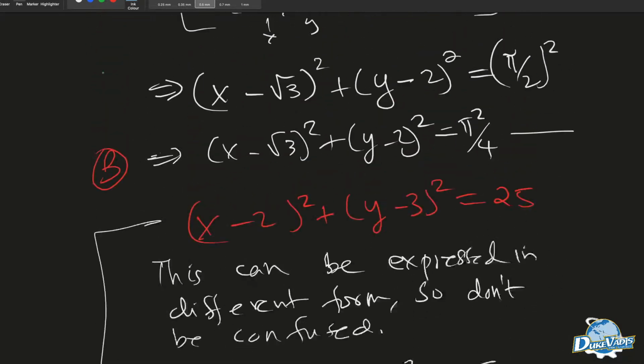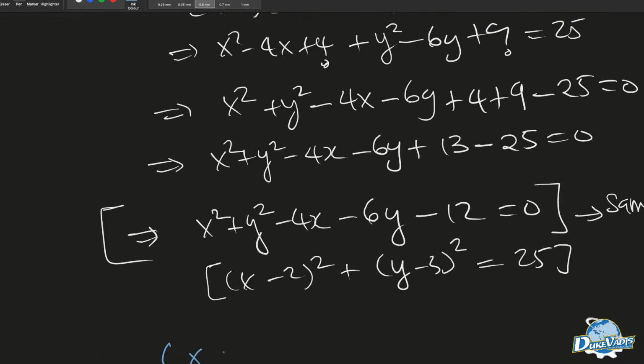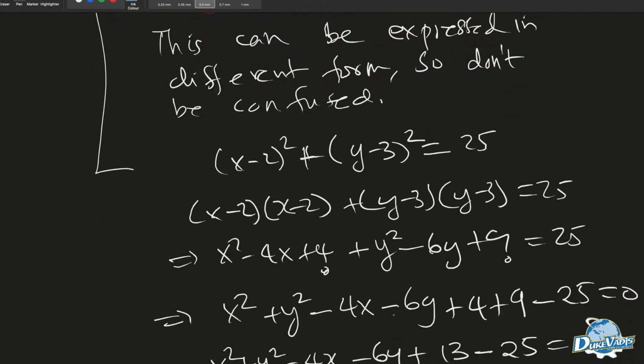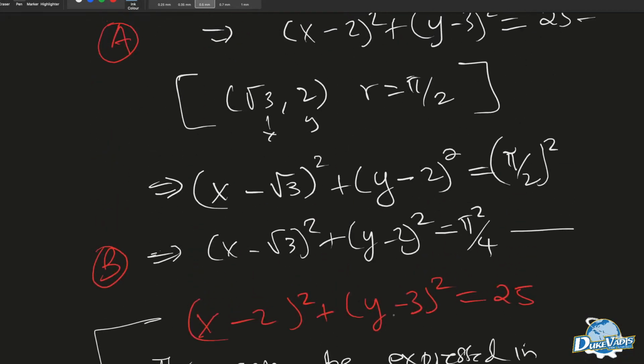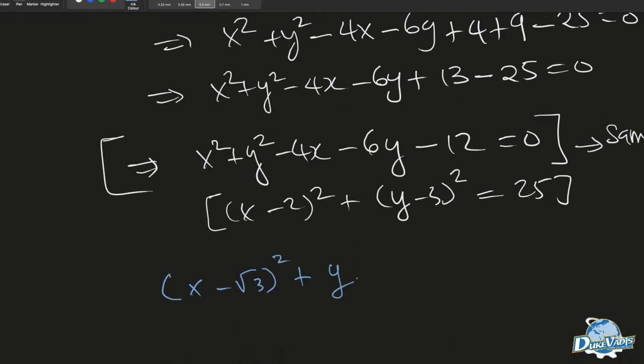So that one is x minus root 3 squared plus y minus 2 squared is equal to pi squared over 4.